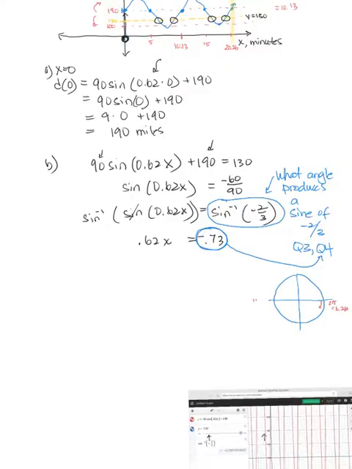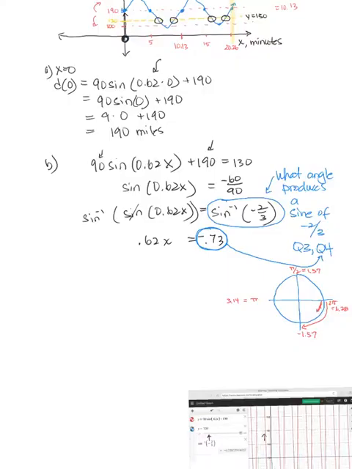Halfway around is pi, which is 3.14. A fourth of the way around is pi over 2, which would be 1.57. So going a quarter of the way around clockwise is negative 1.57. Does that help you see that negative 0.73 is probably somewhere about right there?